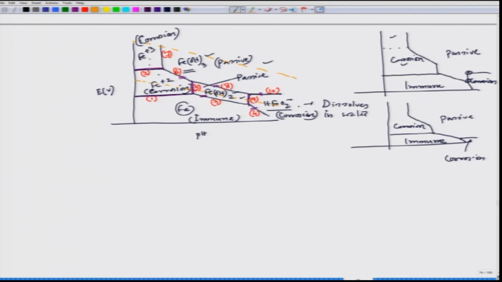At the end, we would like to see the advantages and disadvantages or the limitations of the Pourbaix diagram. So, we have done quite a detailed analysis on the Pourbaix diagram. So, first see what the advantages are.